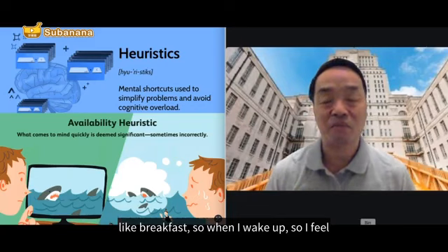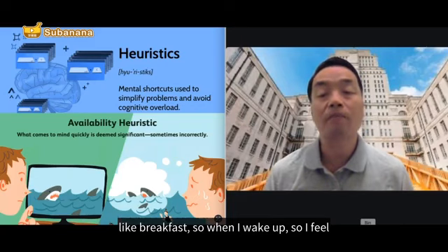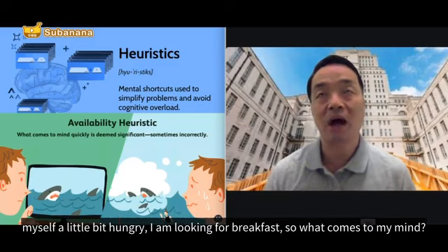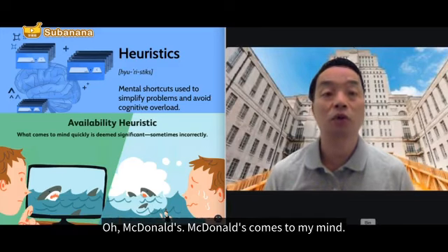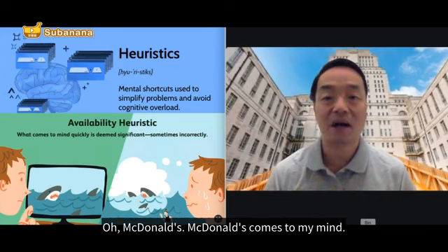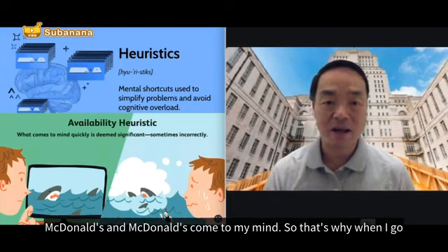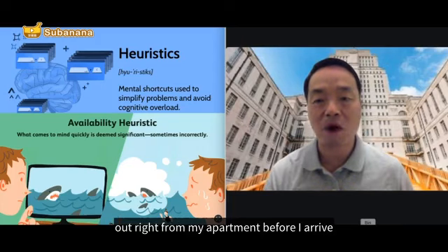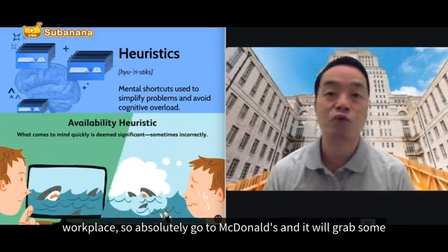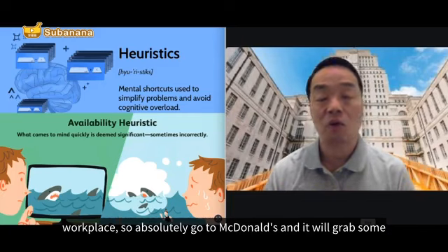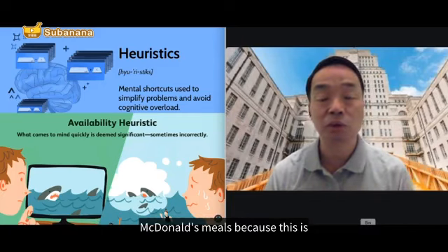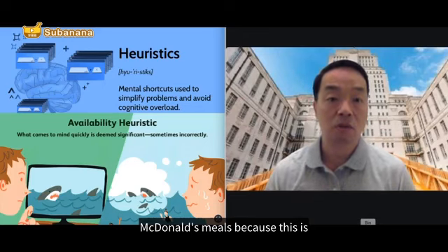For example, when I wake up, I feel a little bit hungry and I'm looking for breakfast. What comes to my mind? Oh, McDonald's. So when I go out from my apartment, before I arrive at the workplace, I absolutely go to McDonald's and grab the McDonald's meal, because this is heuristics.